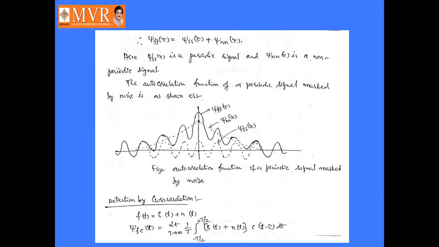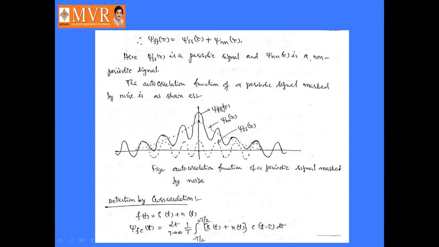The autocorrelation function of a periodic signal masked by noise is as shown. First of all, we take chi ss of tau, the dotted line signal. It will be masked by the noise signal chi nn of tau.